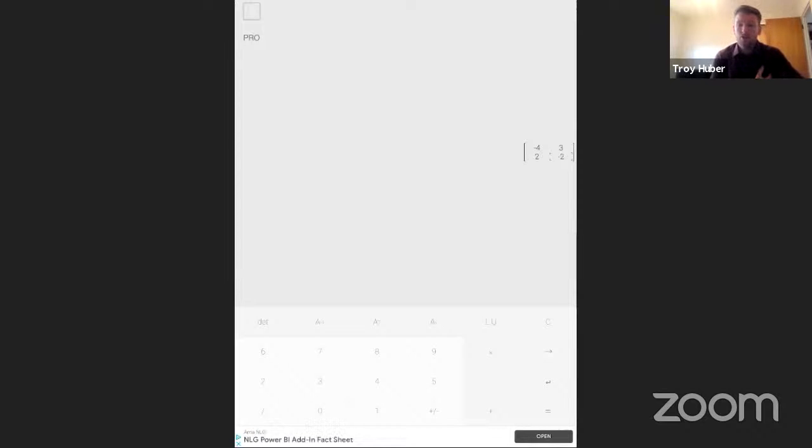Okay, now to do an inverse, you just have to click this A-1 button that's right next to determinant. So watch what happens. It does it right away when I click it. So I'm just going to click on A-1, and there's my inverse. -1, -3/2, -1, -2.